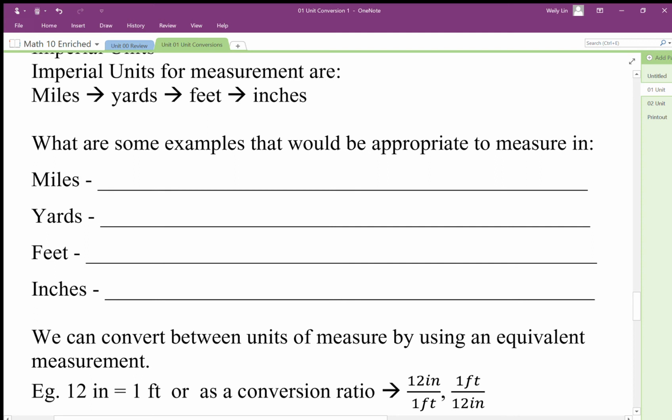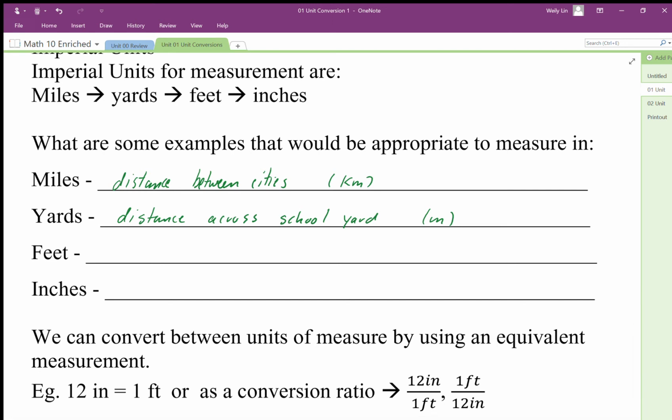For miles, we're talking about distance between cities, and in SI, we would use kilometers. Yards, we might be talking about the distance across the playground, across the schoolyard. And then the equivalent SI measurement is meters.